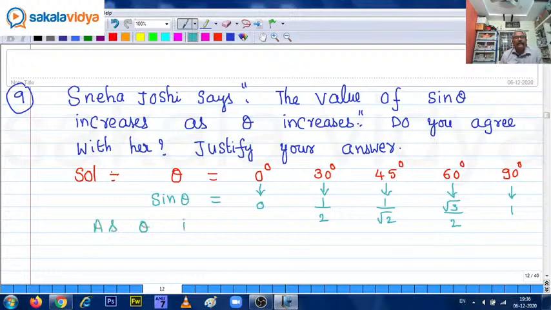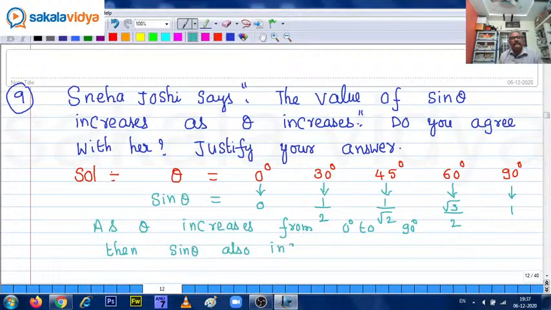So as theta increases from 0 to 90, sin theta also increases from 0 to 1.